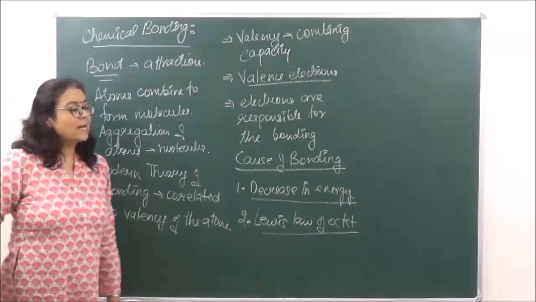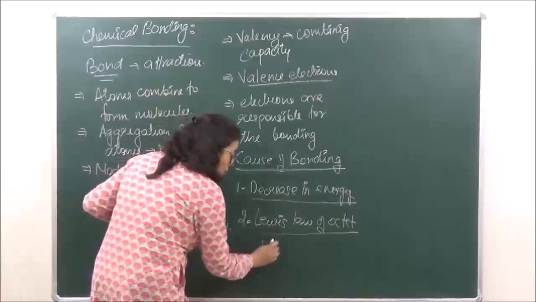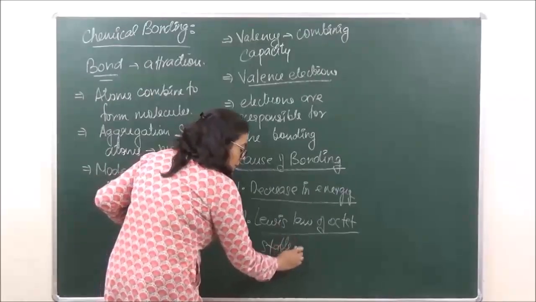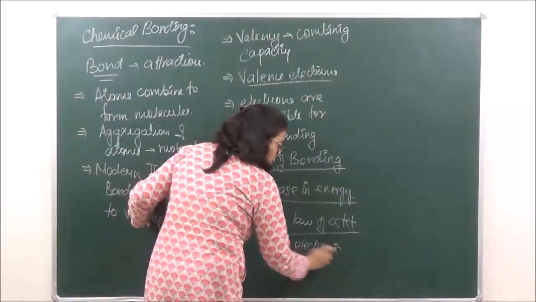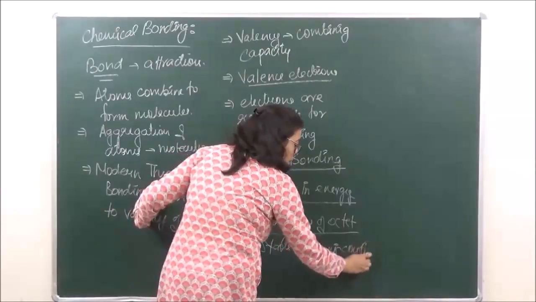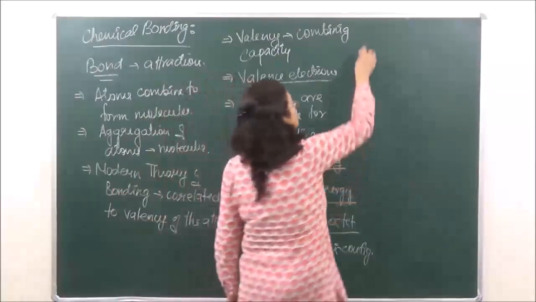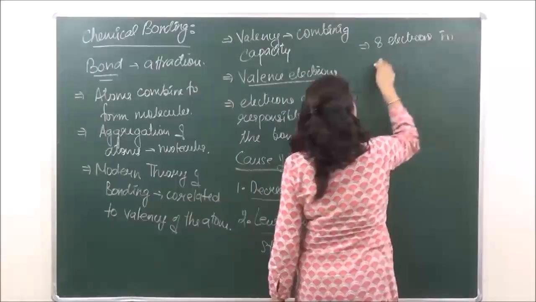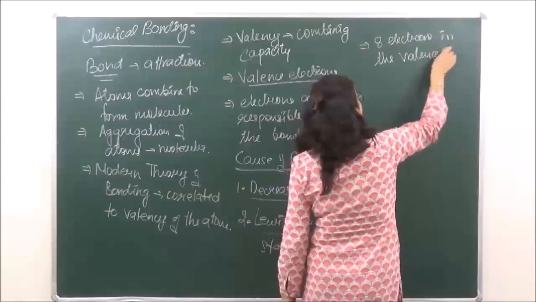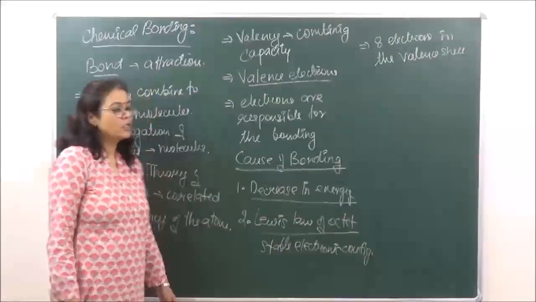The noble gases are stable because they have a stable electronic configuration of 8 electrons in the outermost shell. Okay, 8 electrons in the valence shell.